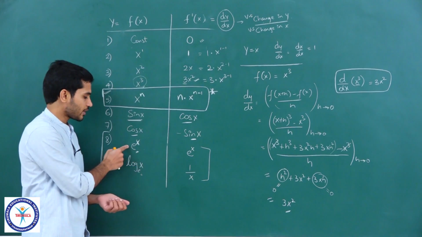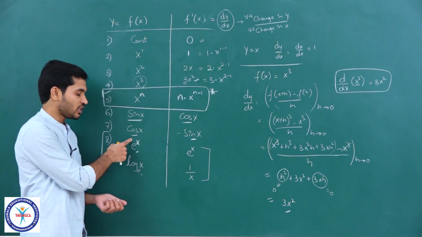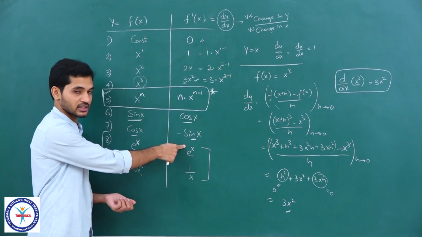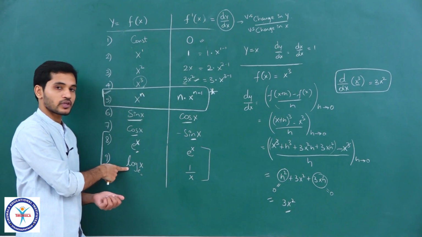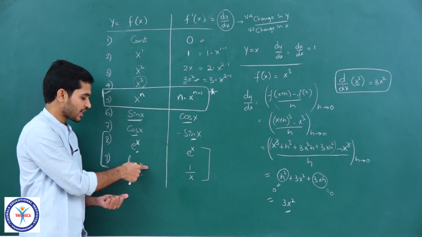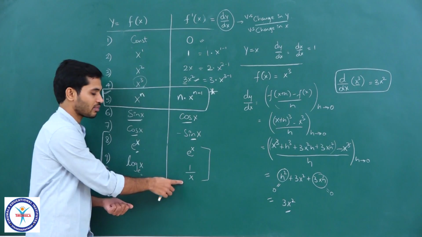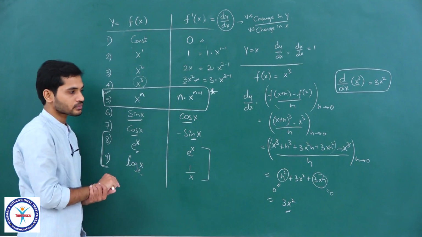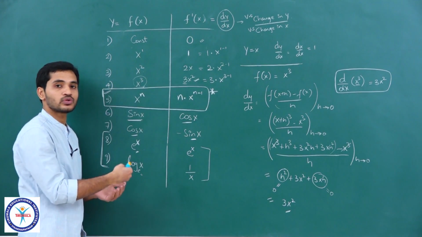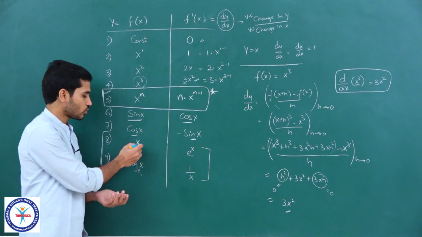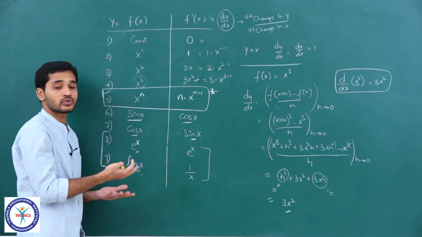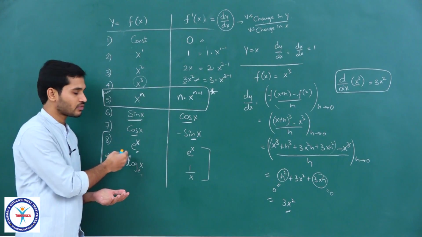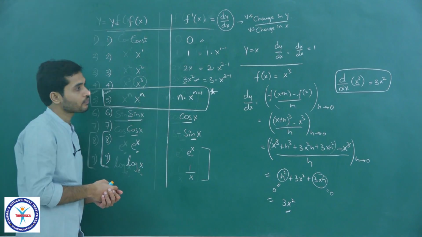So, the derivative of a function in the form of e power x is e power x itself, and the differentiation of a logarithmic function log x to the base e will be 1 by x. So, for now just keep these results in mind, right. So, we are just understanding how to differentiate a function, right. So, do not worry about what those functions actually mean, right. You learn one by one slowly, right.